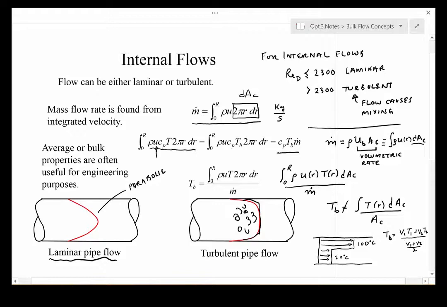So as V2 gets large compared to V1, the temperature looks much more like T2.